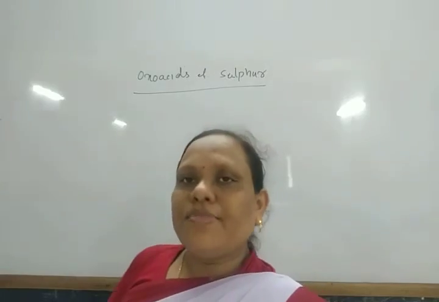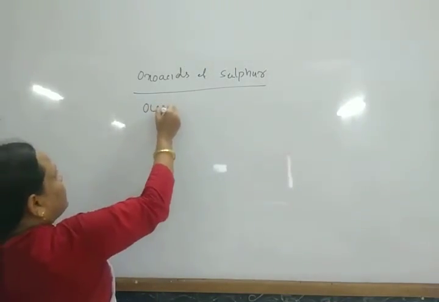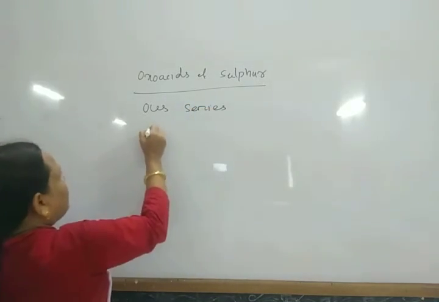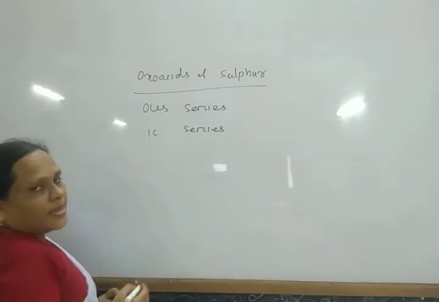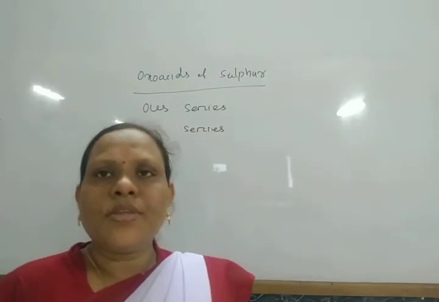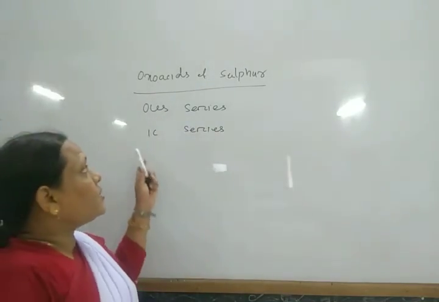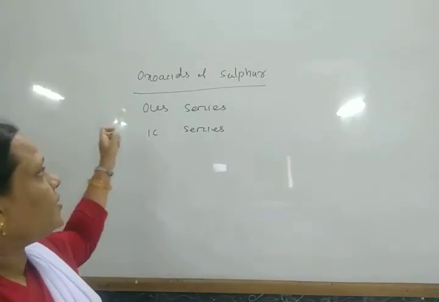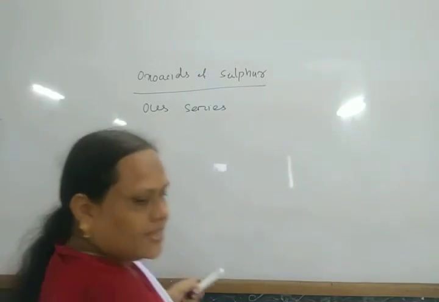Sulfur forms different types of oxo acids: one is the OS series of acids, another is the OIC series of acids. In this way it forms different series of acids. Here look at the different structures and names of these oxo acids of sulfur. So first, the OS series of acids.